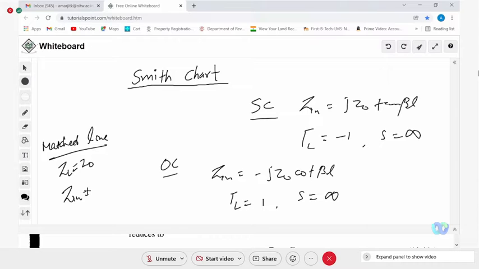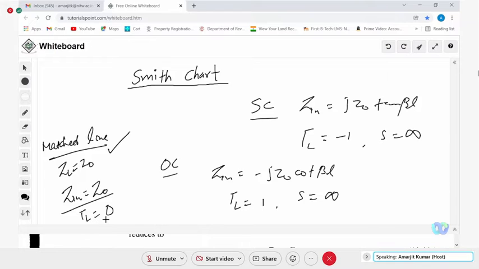That is also equal to Z0. And what will be the reflection coefficient? ZL minus Z0 divided by ZL plus Z0 is 0. So since this is a matched lossless line, because of matching there is no reflection.